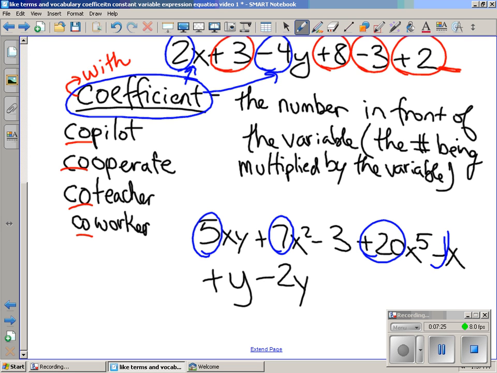Every variable has a coefficient. So the coefficient of -x is actually -1. The coefficient of y is +1, and the coefficient of the last y is a -2. So every variable has a coefficient. There's always a number in front of the variable, or a number that's being multiplied by the variable, and it works with the variable.